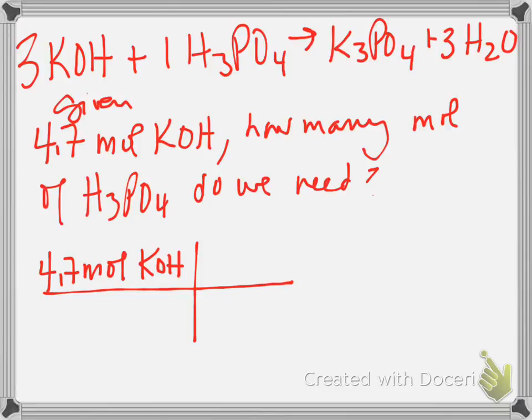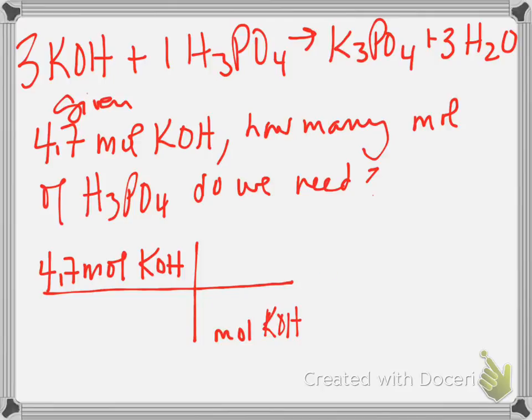Units and chemical to cancel. Moles. So we need the units and the chemical in these 2 boxes to be identical so that they cancel out. So we're going to put in moles of potassium hydroxide.